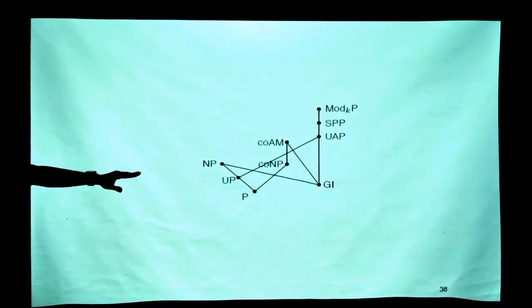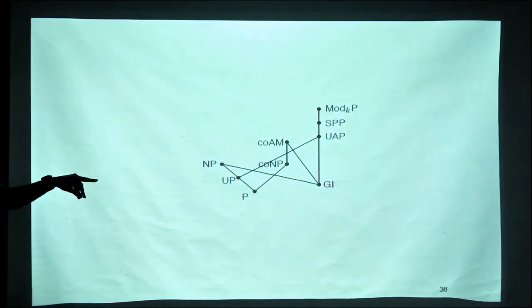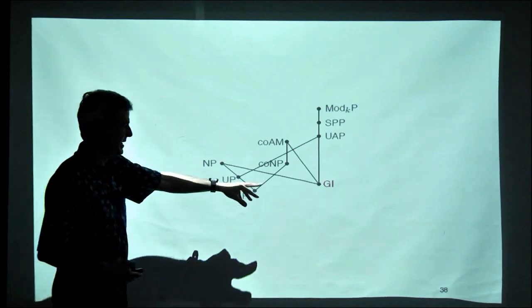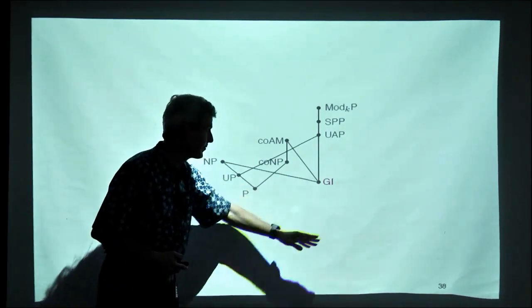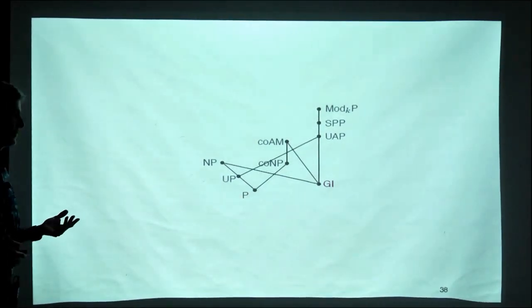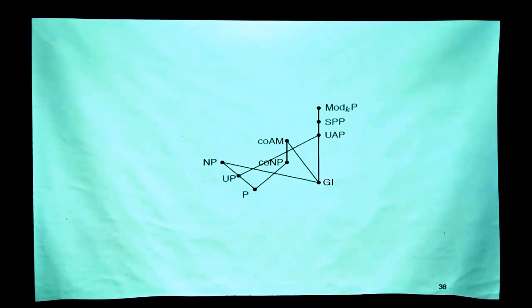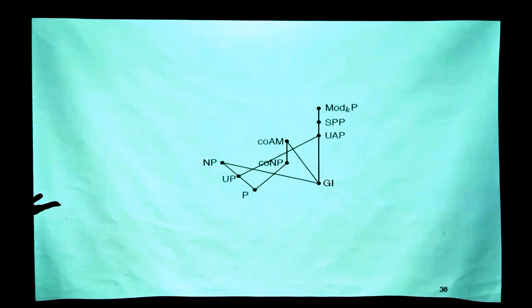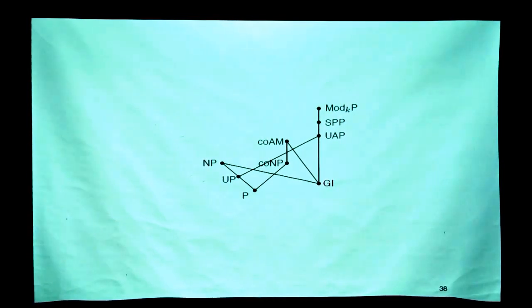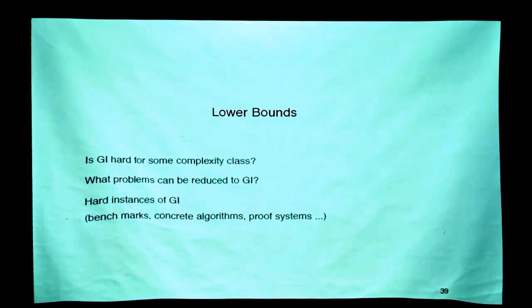So let me now, with this minute and a half, look at the problem from the other side, from hardness. What is it hard for? It's not known to be complete, probably not complete, but is it maybe hard for something? We have the hardness properties of the problem.